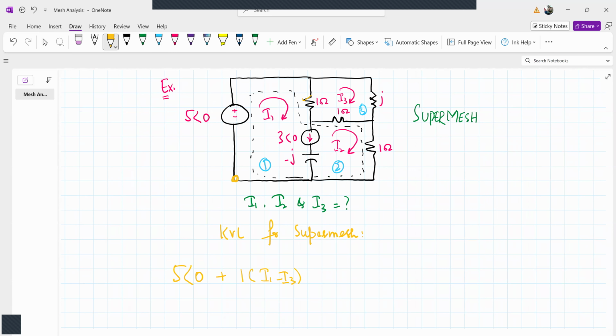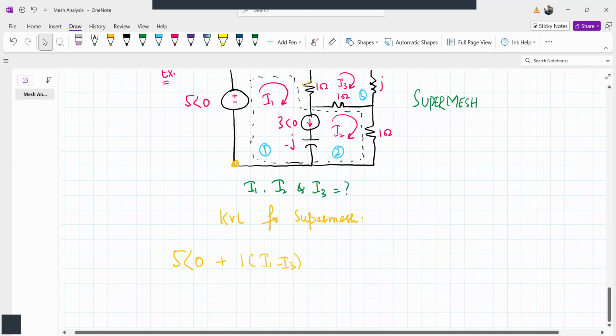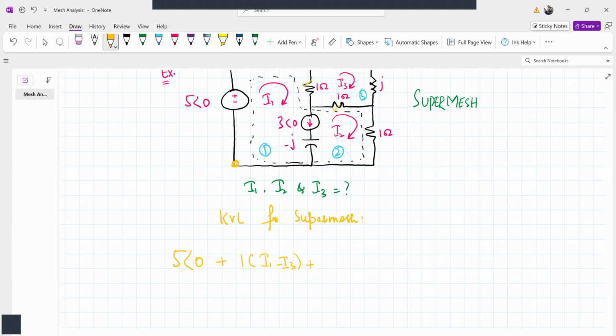Because we are in super mesh 1. Plus, then we encounter this resistor here. So the voltage drop will be 1 times (I2 minus I3) because the current flowing here is I2. Then we encounter this 1 ohm resistor. Voltage drop will be I2 multiplied by 1. That's it.